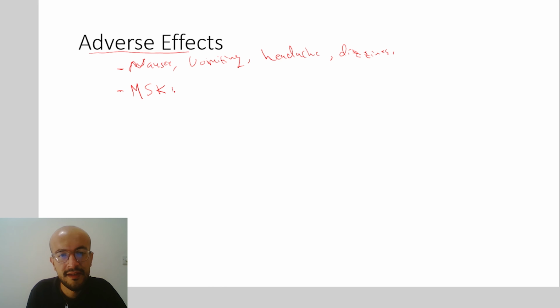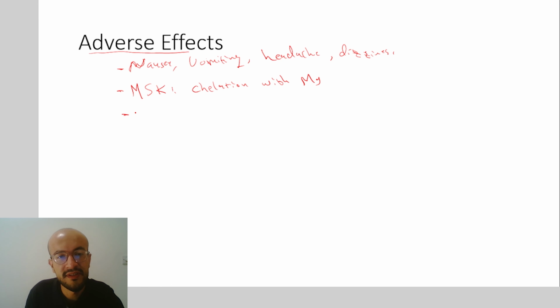That's because of chelation with the magnesium. They affect the cartilage of the growing child and the fetus. That's why they are contraindicated in pregnancy and during lactation and in children and teenagers less than 18 years.